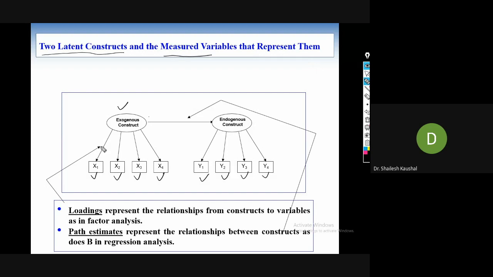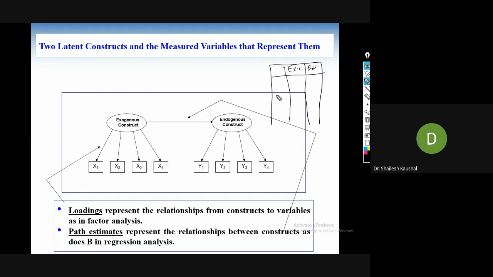Now the loadings, it is a factor loading. These are the loadings, factor loading, value of factor loading. Loading represents the relationship from construct to variables as in factor analysis. So in a factor analysis, you can see like this, these are the variables: exogenous construct and another endogenous construct, x1, x2, x3, x4, and another 4 variables y1, y2, y3, y4.